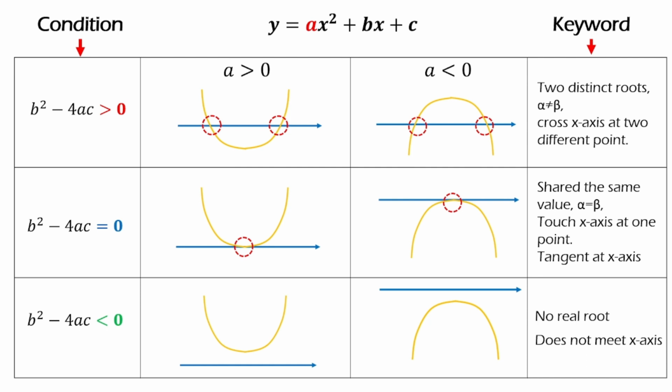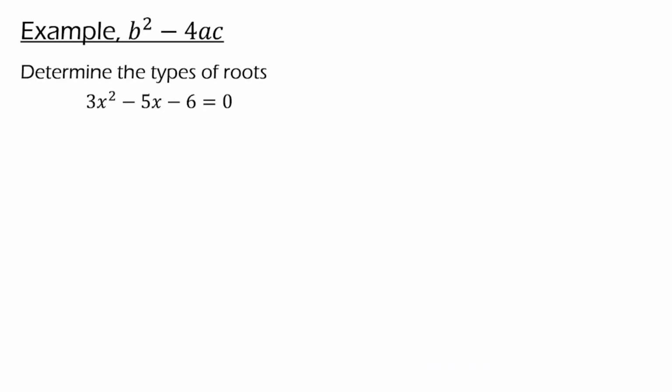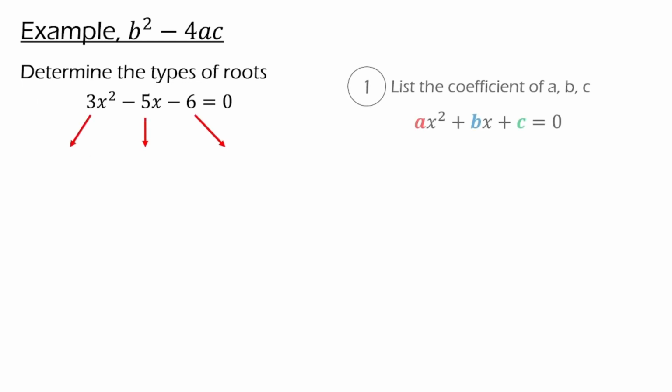Let's try an example. This is a typical question on b squared minus 4ac. It asks us to determine the type of roots of 3x squared minus 5x minus 6 equal to 0. Let's start with the first step, which is to list down the coefficients a, b, and c.